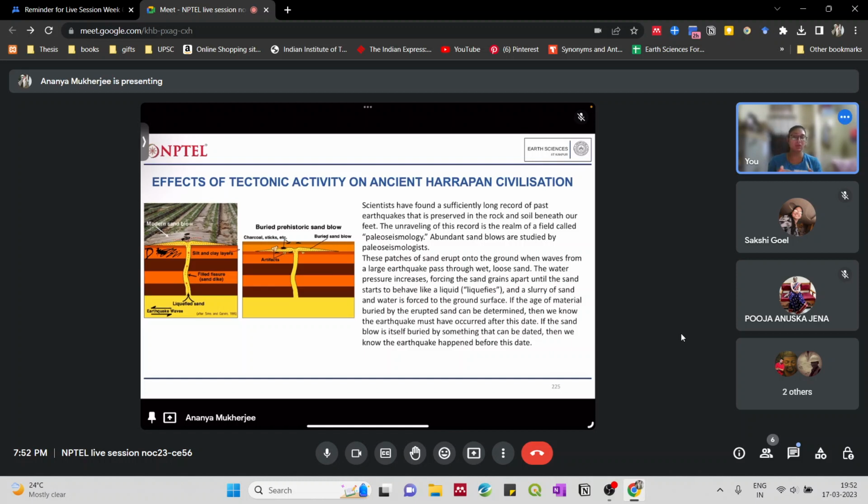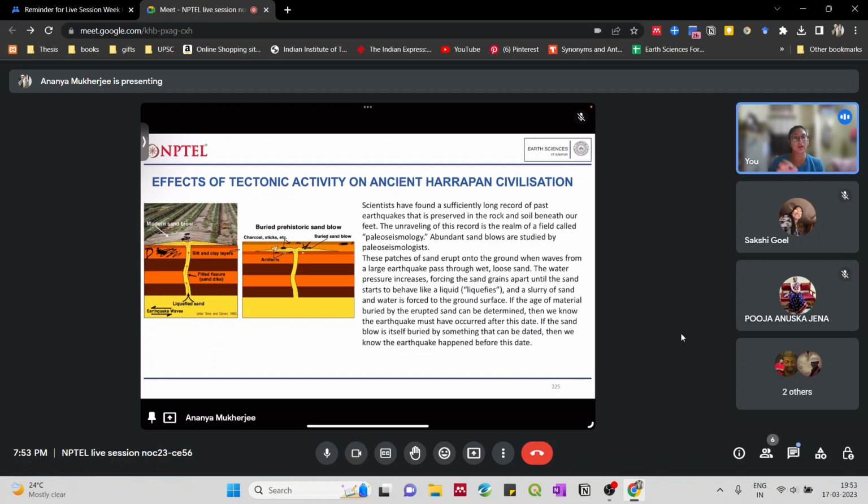But if the sand blow itself is buried by a layer, and you date it, and the sand blow is older than the sediments burying it, then the earthquake happened before. So these buried sand blows can give you information about past earthquakes.